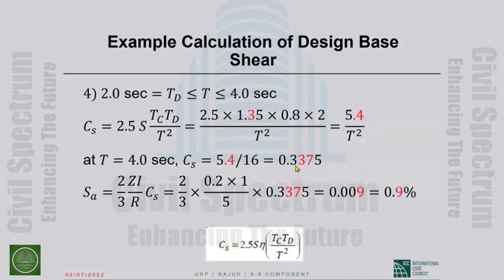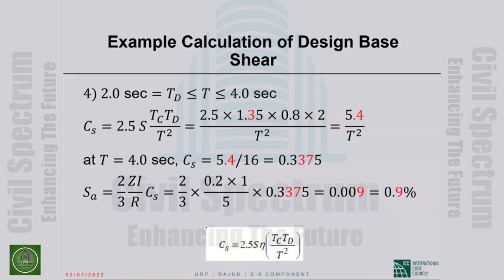So this was 3125, that becomes 3375, and we get the final result S sub A at 4 seconds as 0.009 or 0.9%.